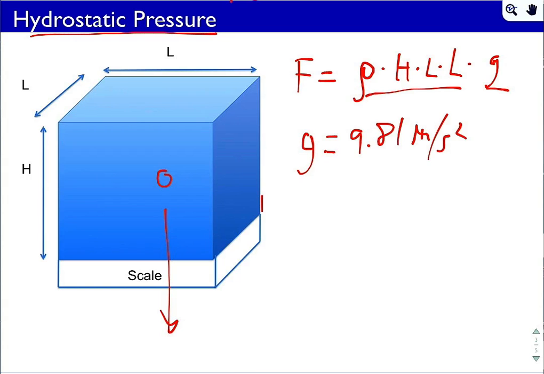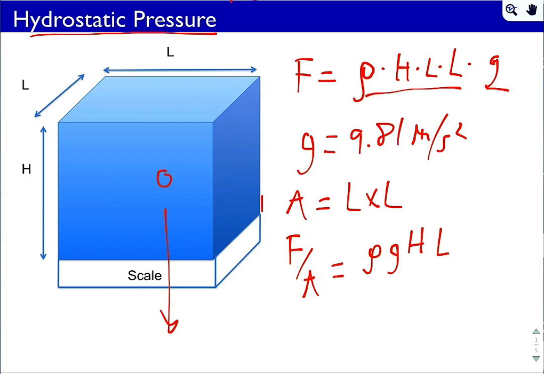And what's the area? The area of this scale equals L times L. So the force per area is going to be rho G H L times L over area, L times L. This will give me the pressure. You can see that the L's disappear.